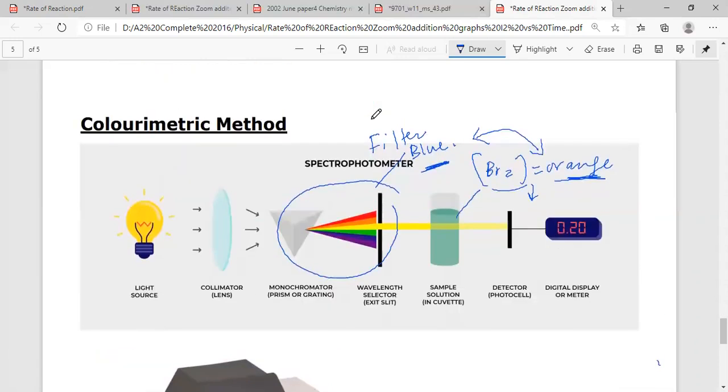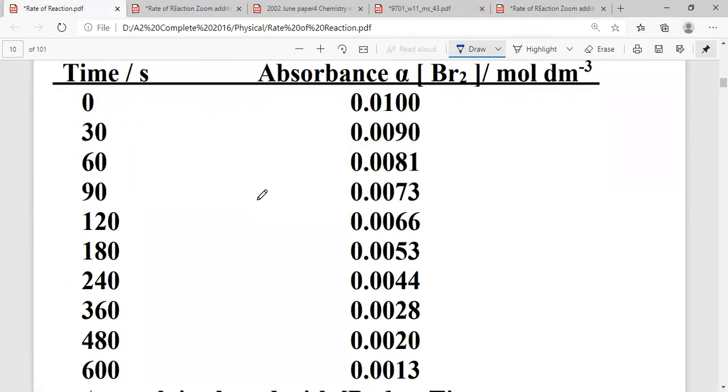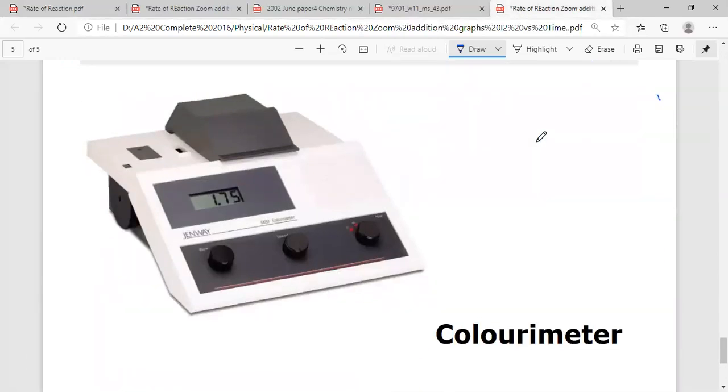So you can plot a graph like here. In the beginning, the absorbance is proportional to the concentration of bromine here. Absorbance can be measured like here, you can see it gives you a value here. This is the absorbance value. In the beginning, it's a very high value because the high concentration of Br2 hasn't reacted yet.